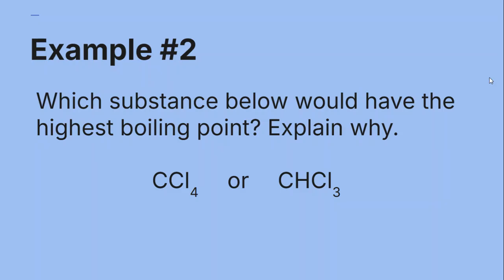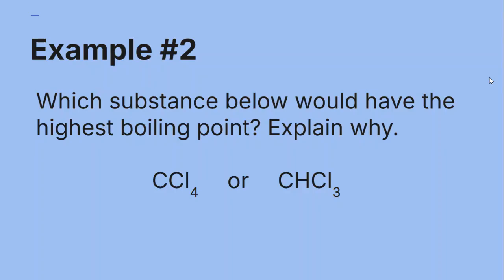So for our next example problem, we want to know which substance would have the highest boiling point and then explain why. So we have CCl4 and we have CHCl3. First thing to look at is the types of IMFs that are present in each particle. CCl4, if you draw the Lewis diagram, has a carbon in the middle, 4 chlorines coming off.